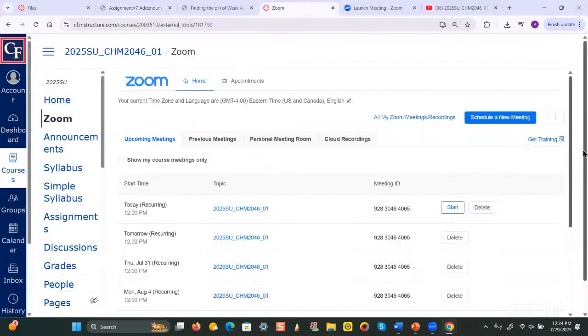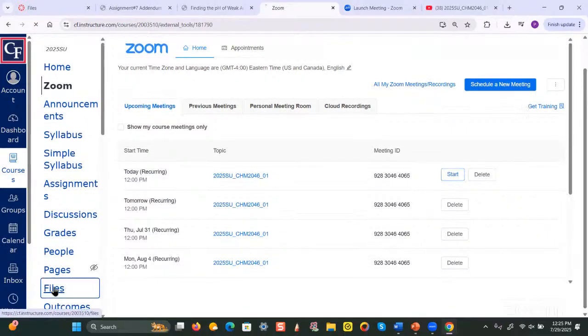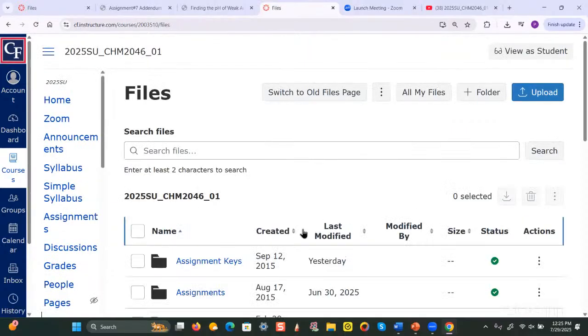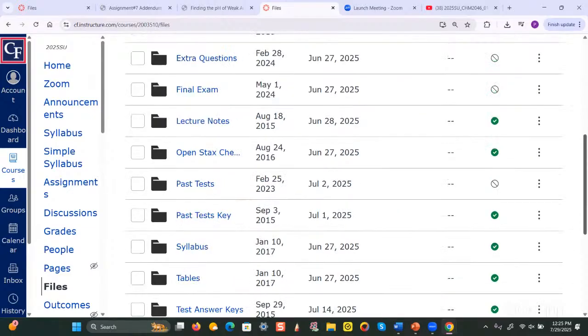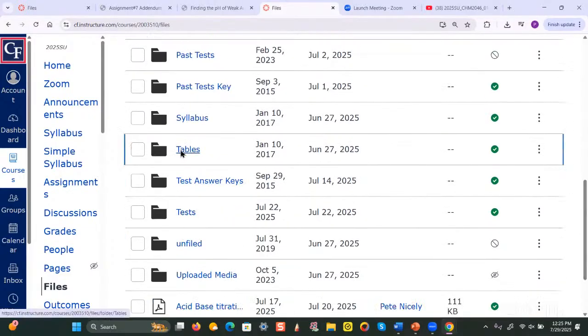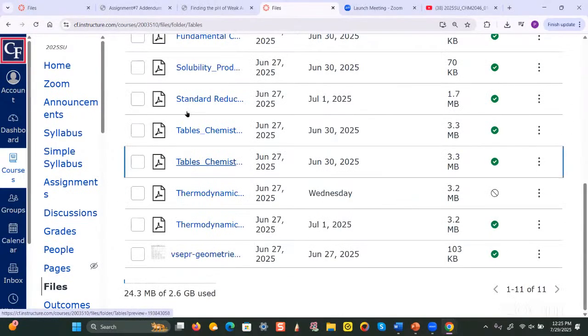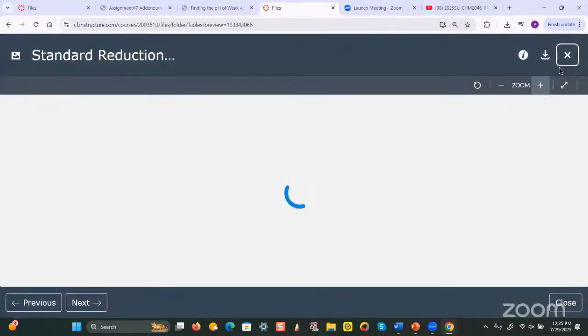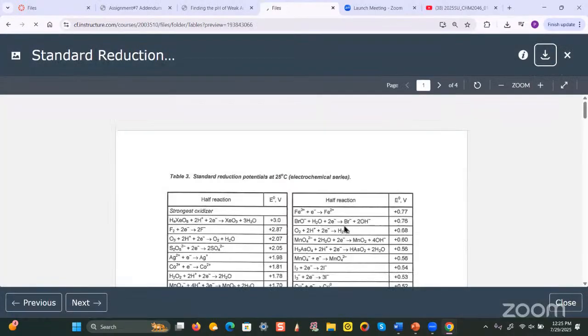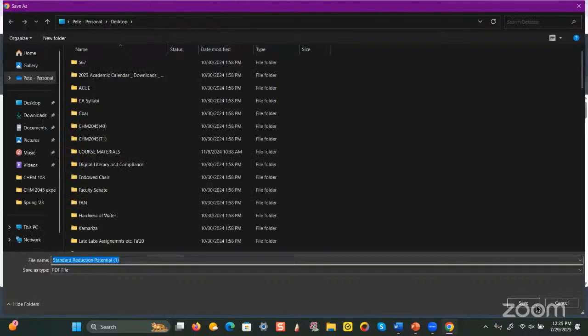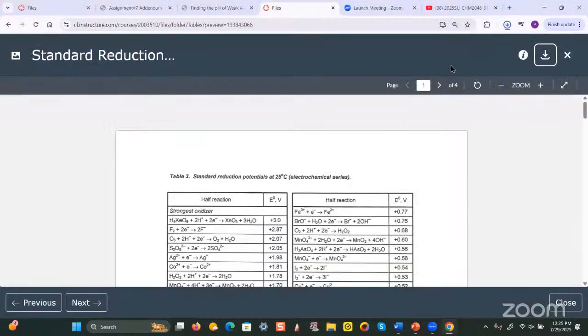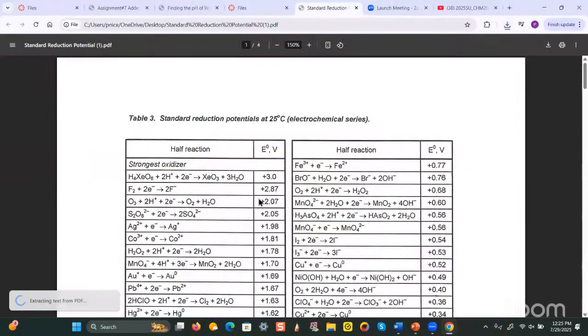It would be the table of standard EMF values, the standard reduction potentials. Okay, so this is what we're going to need.